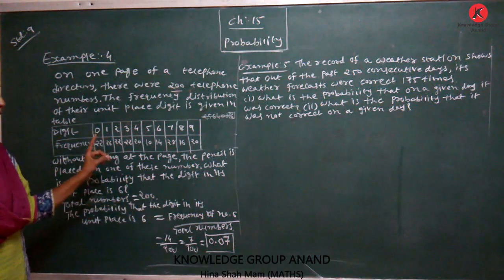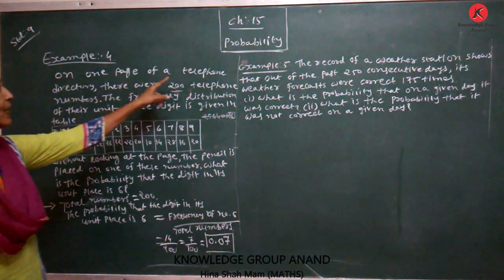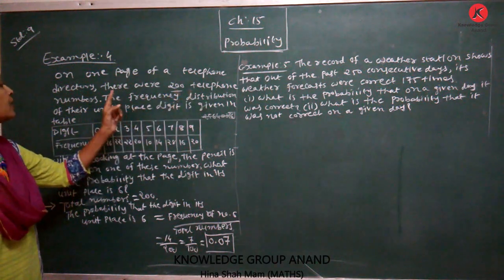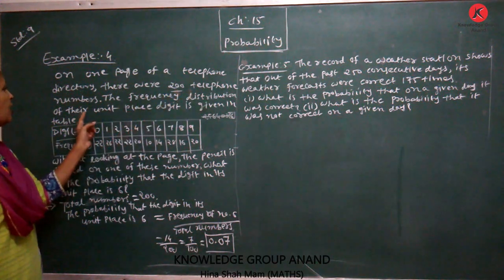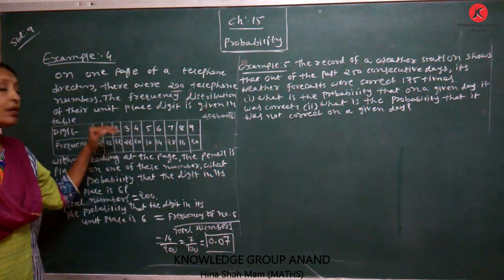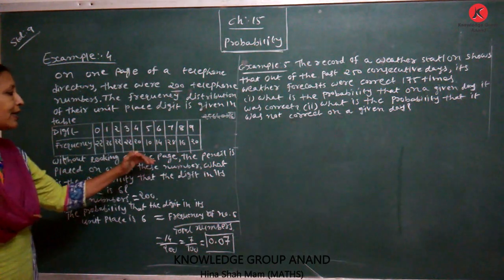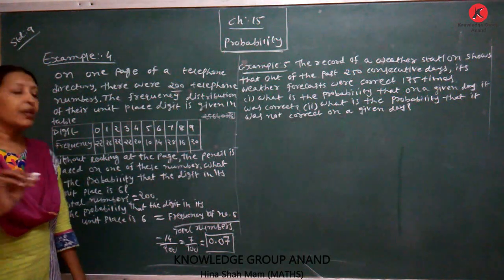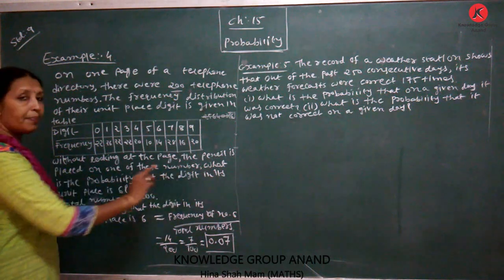Again the question. On one page of a telephone directory, there were 200 telephone numbers. The frequency distribution of their unit place digit is given in the table. Without looking at the page, the pencil is placed on one of these numbers.